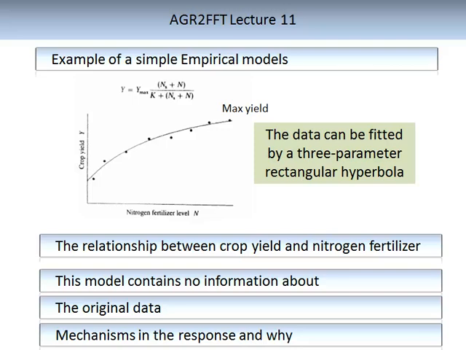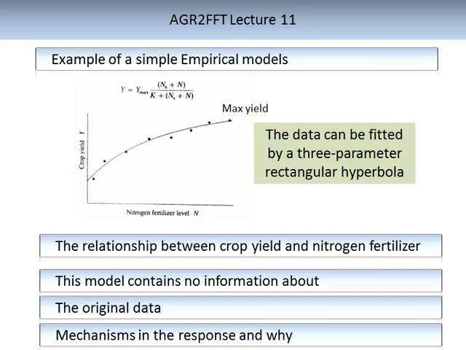Here is an example of a simple empirical model. It demonstrates the relationship between crop yield and nitrogen fertilizer. The observational data is recorded as, one, crop yield, two, the level of nitrogen fertilizer. These are the treatments applied in this example. Why the plant behavior was observed is the question. The model contains no information about the original data.